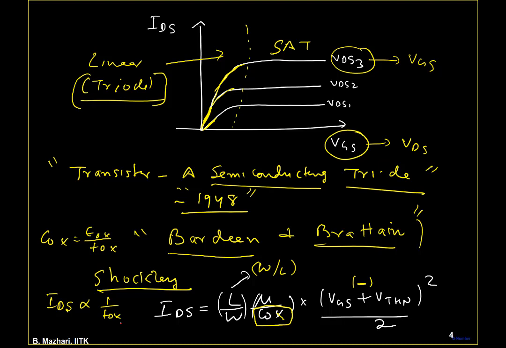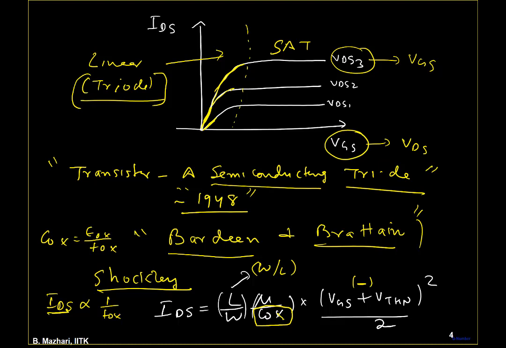Again, what I would like you to remember is that MOSFET is based on the principle of a parallel plate capacitor. So if you bring the plates of the capacitor closer together, what would happen? For the same voltage, you will create more charge, and therefore the current should go as 1 over T oxide.